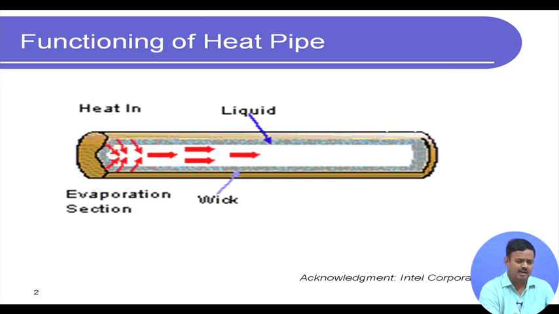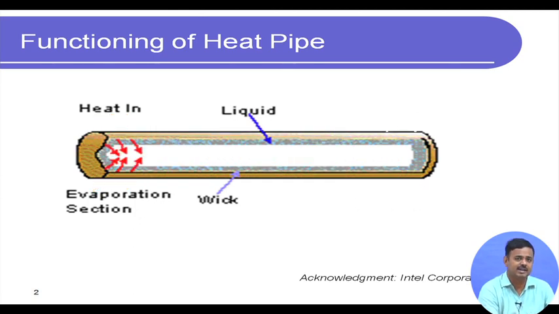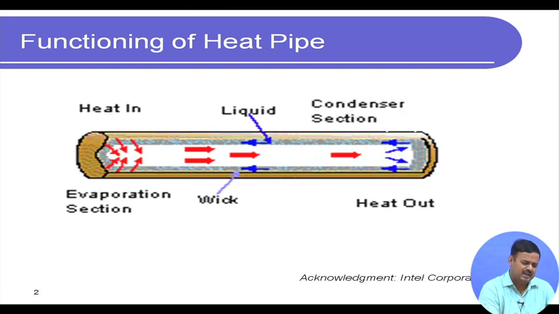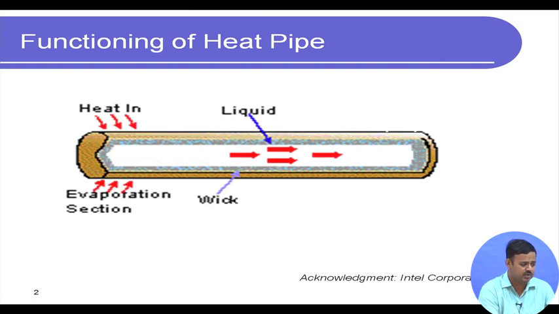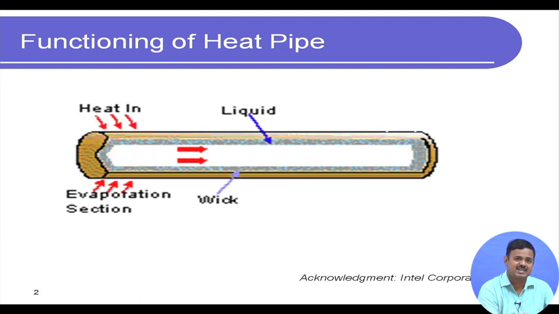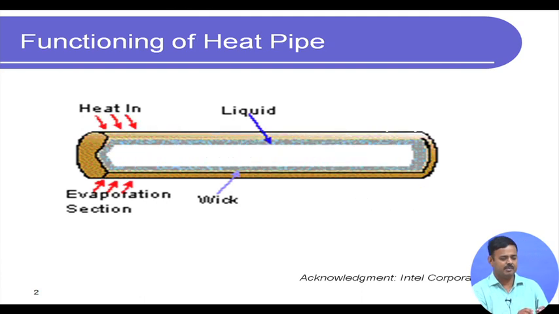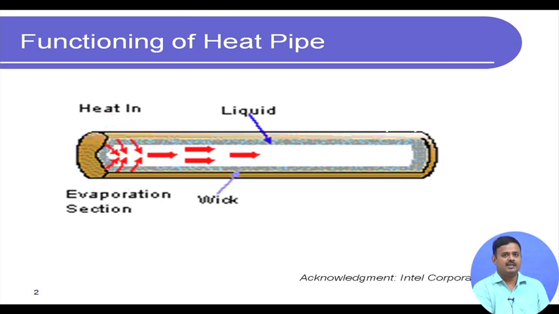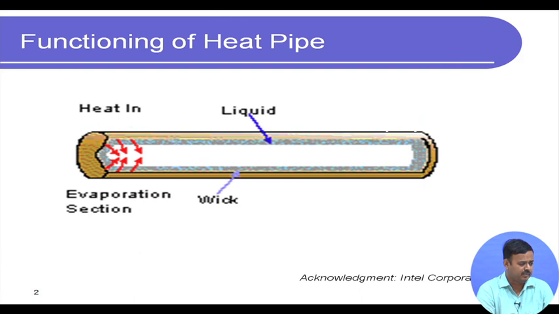Now, coming back to the construction, the third thing inside a heat pipe is a few drops of liquid. Let's assume it to be water for now, because that is the one most commonly used. It is a few drops of water inside at a subambient pressure, at a very low pressure. So, to repeat, the whole heat pipe is a hollow pipe made of, let us say, a material like copper.